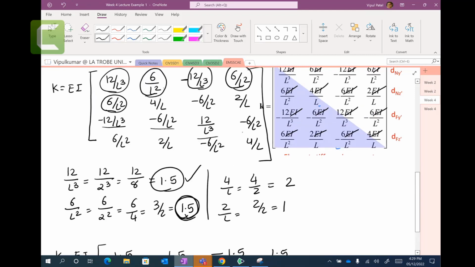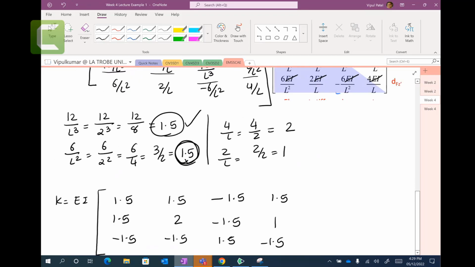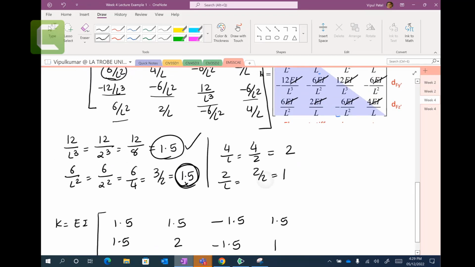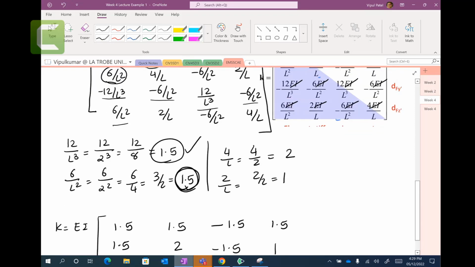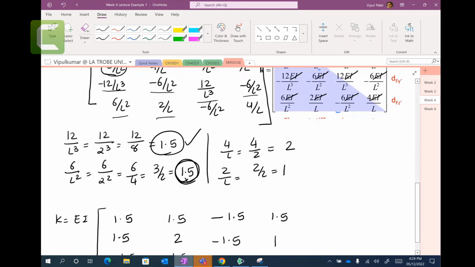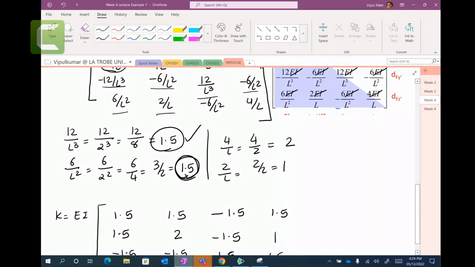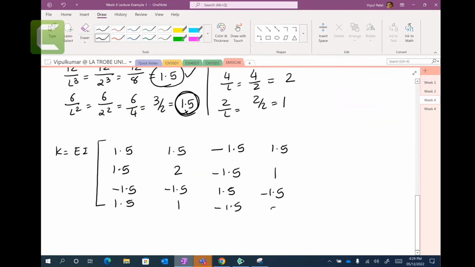And minus 6 on L square, minus 1.5. 6 on L square, 1.5. 2 on L, 1. Minus 6 on L square, minus 1.5. And 4 on L is 2.